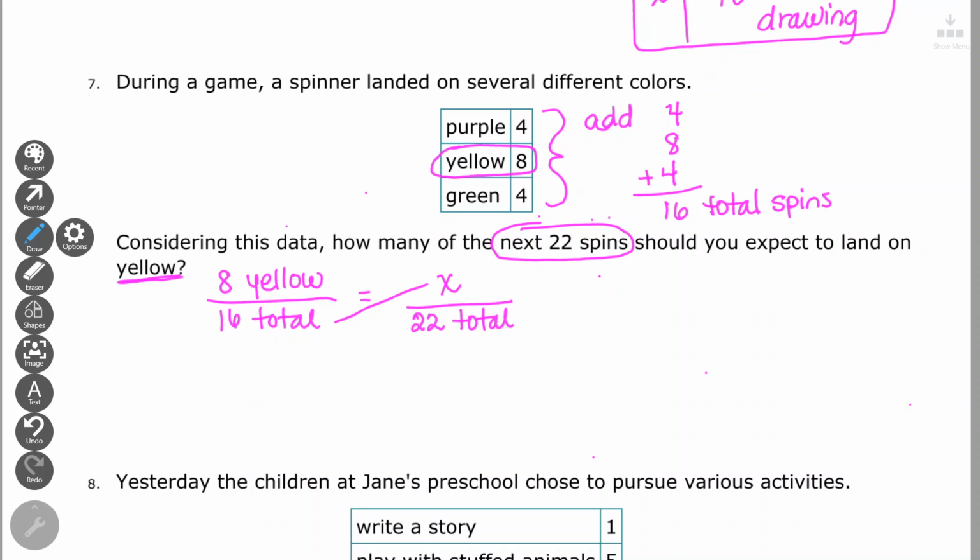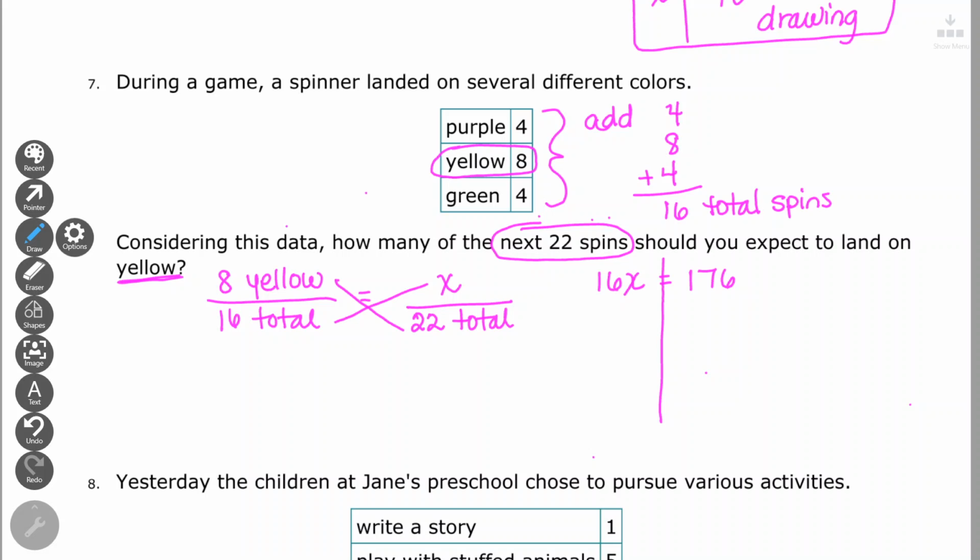16 times X is 16X. And we're going to set that equal to 8 times 22. And you can use your calculator for 8 times 22. You'll get 176. All right, now as we do this, we want to see what we're going to have to do in order to solve this equation. We need to do the inverse of what's being done.